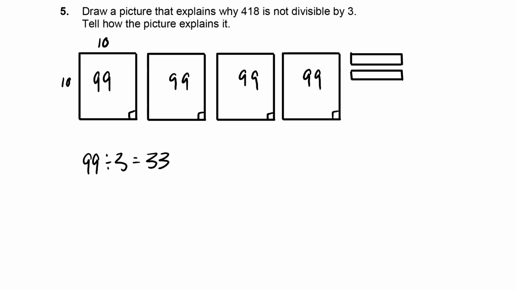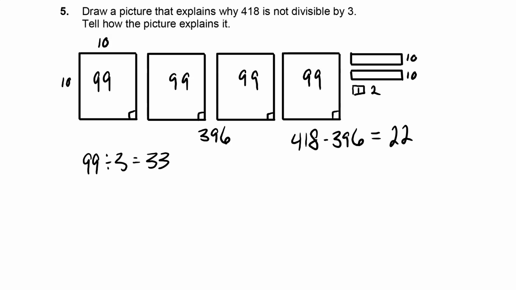So now I've got 400 minus 1, 2, 3, 4. 400 minus 4 is 396. Now I want to get to 418 in total. So 418 minus 396 is equal to 22. So that means over here I'm going to have a group of 10 and a group of 10 and a group of 2.